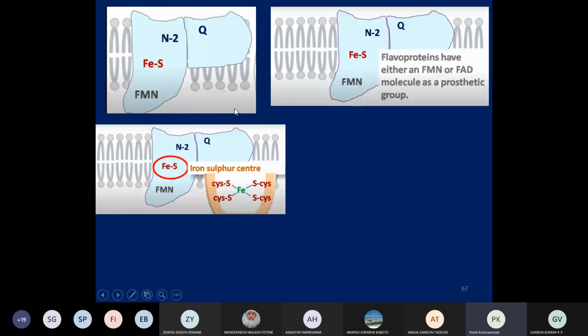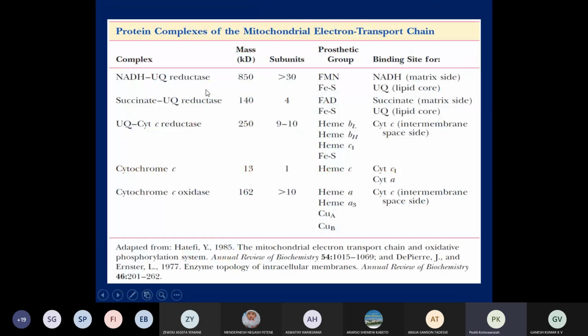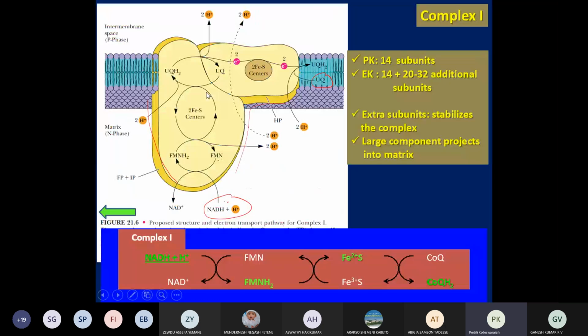It has the terminal NADH dehydrogenase activity, the FMN cofactor, and the connector. The connector is composed of multiple subunits of iron sulfur clusters. So this is the structure of the NADH dehydrogenase. Now, let us see what exactly happens during the electron transport process.